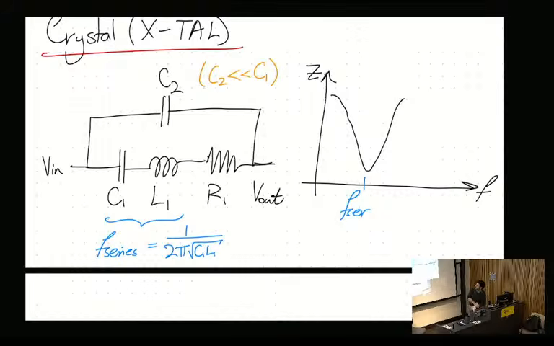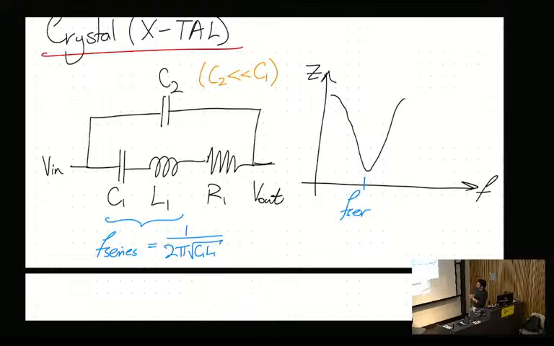So that's our series resonance point. And I have not drawn this to scale. In reality, the crystals are highly selective. Their Q factor is enormous, much, much greater than 1, so not this wide. So extremely selective, which is what we need for our PLL. We only want it to generate one frequency.